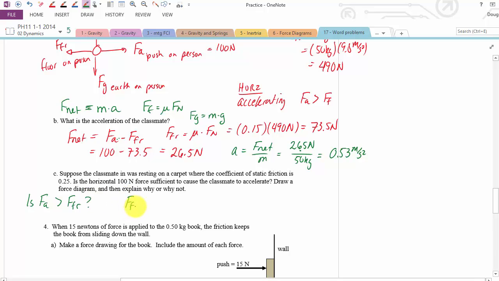So force of friction is equal to mu s times Fn. So that's 0.25 times 490 newtons.